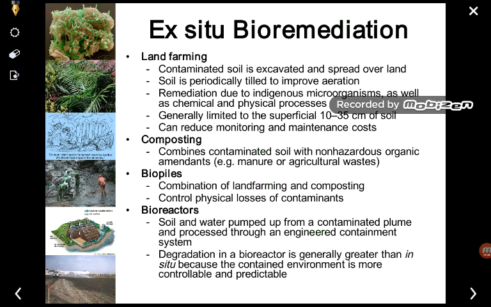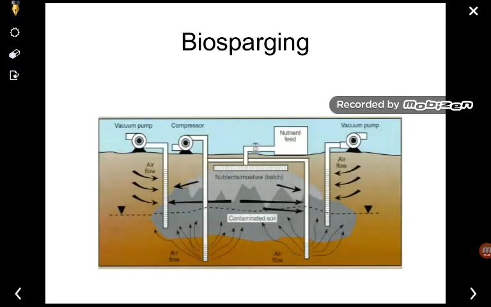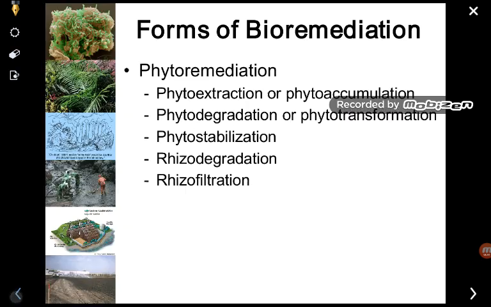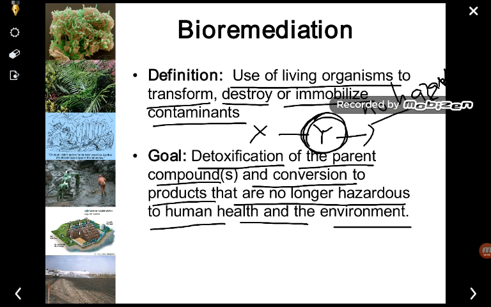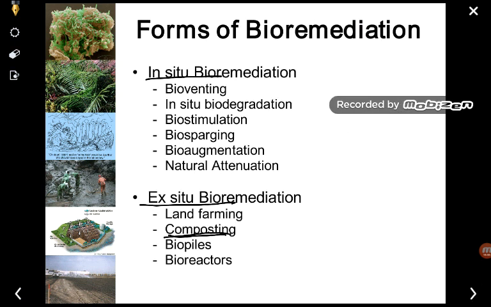So today we have seen the main topic, that is bioremediation. You must know what is bioremediation. Next, what is the main goal of bioremediation? If we follow bioremediation techniques, what are the different forms of bioremediation? If we want to remove contaminants, which methods can we use? The forms are in situ as well as ex situ.